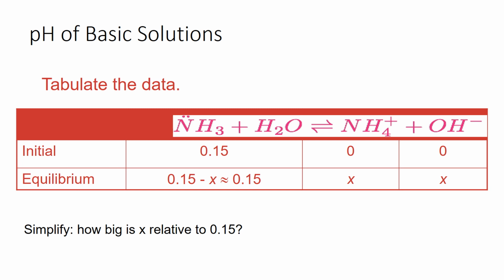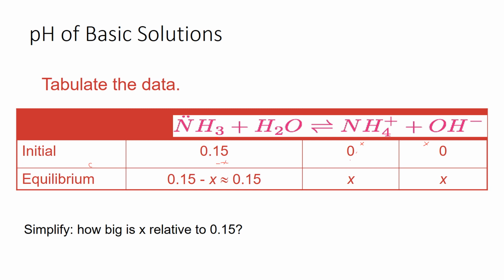We need values for ammonia, for the ammonium ion, and for the hydroxide ion. The initial concentration from our equation is 0.15 molar of ammonia. Initially we have 0 of ammonium and 0 of this. The change, the C which is not shown here, the mole ratio is 1 to 1 to 1. So the change here will be minus X.